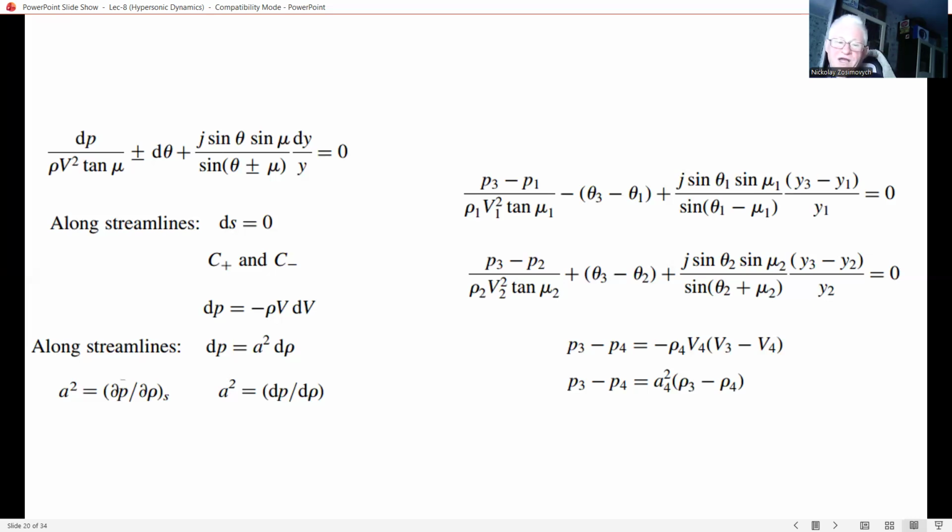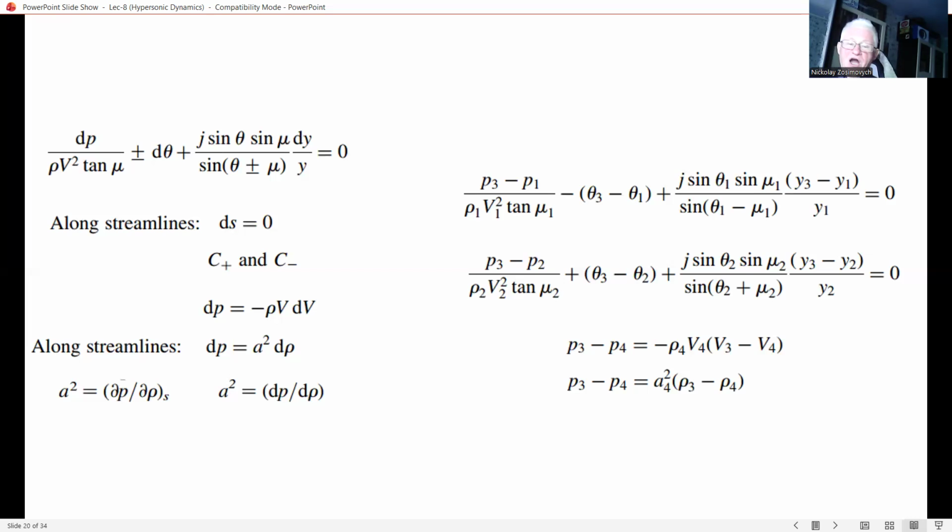So now we have the slopes of the C minus and C plus characteristics based on an average theta 1, mu 1, theta 3, and mu 3, and the streamline at point 3, which is traced back using the value of theta 3 obtained in our last step.